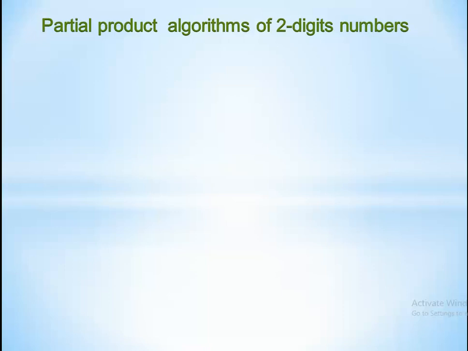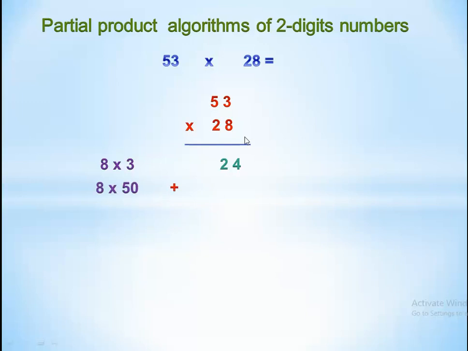Partial product algorithm of two digit numbers. We said before, partial product algorithm means we will multiply vertically. Like 53 times 28. We will put 53 times 28, and let's start the multiplication. We will multiply 8 times 3 equals 24, and 8 times, yes, 50 equals 400.